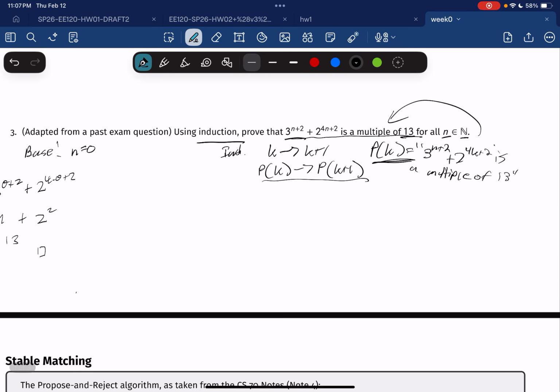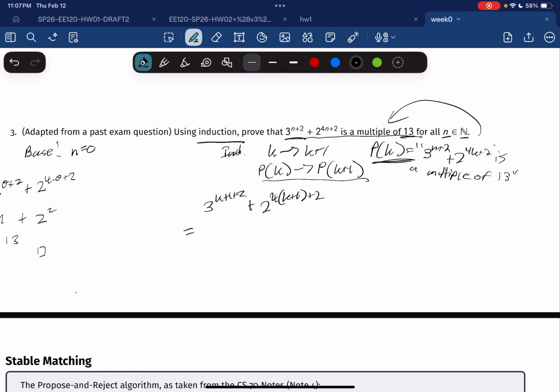So let's begin. Plugging in k plus 1 for n, we get 3^((k+1)+2) + 2^(4((k+1)+2)), and we want to show that this is a multiple of 13. Let's begin by simplifying all this out because this is very messy right now.